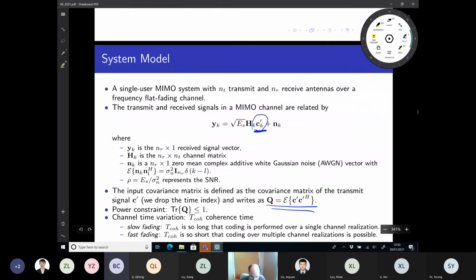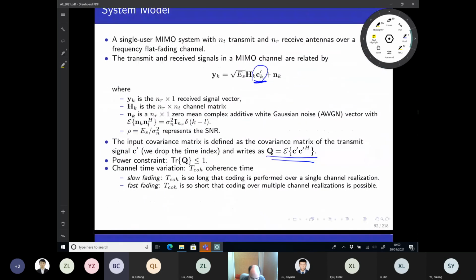We'll see in a minute exactly what that means. And I have a power constraint on this covariance matrix. That means the trace of this is smaller or equal to 1. It simply means that I always constrain my power at the transmitter so that whatever number of transmitter antennas I have, I always compare with the same power level, to compare apples to apples, essentially.